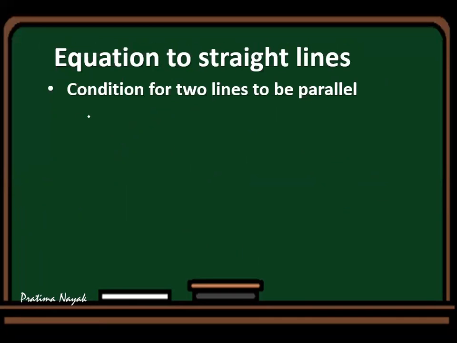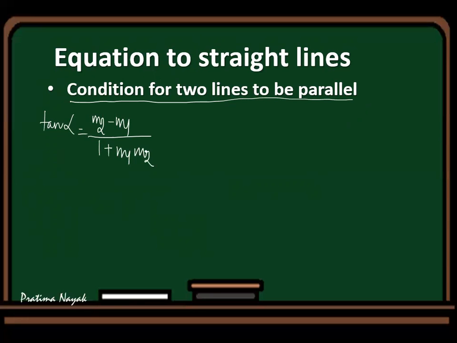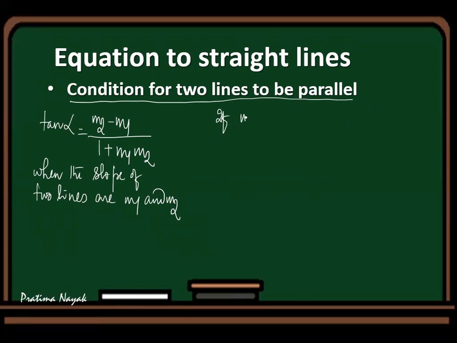So next concept, what is the condition for two lines to be parallel? So let us write the formula. For the angle, tan alpha is equal to m2 minus m1 by 1 plus m1 into m2 when the slopes of two lines are m1 and m2. Now let us take a situation when m1 is equal to m2, or their slopes are equal.